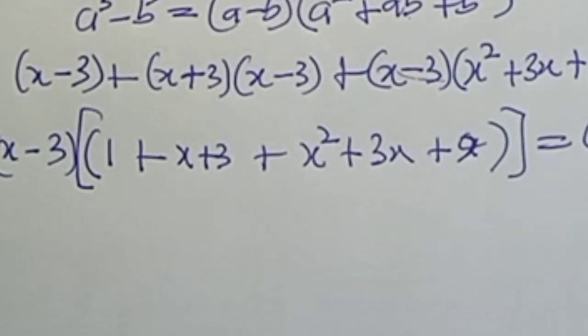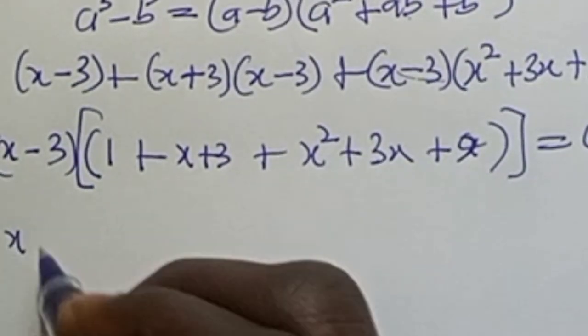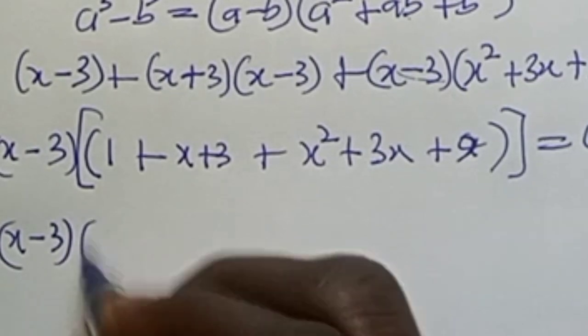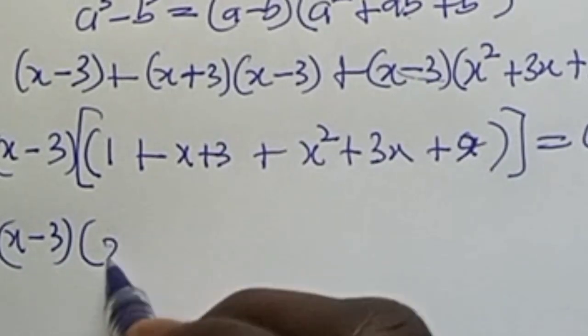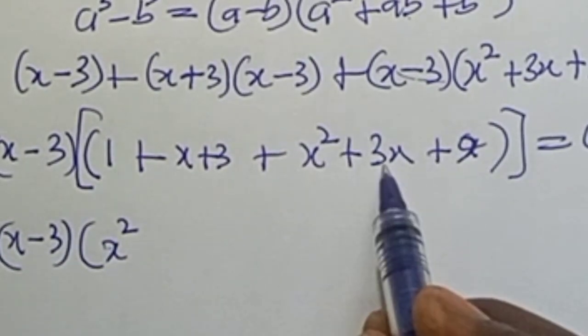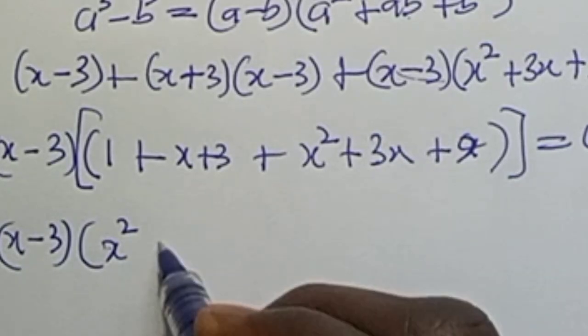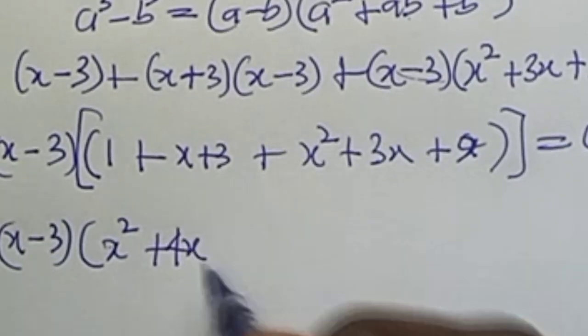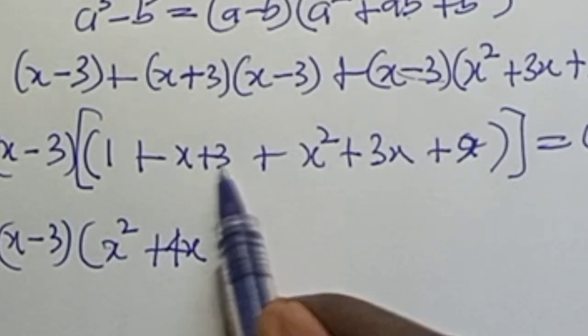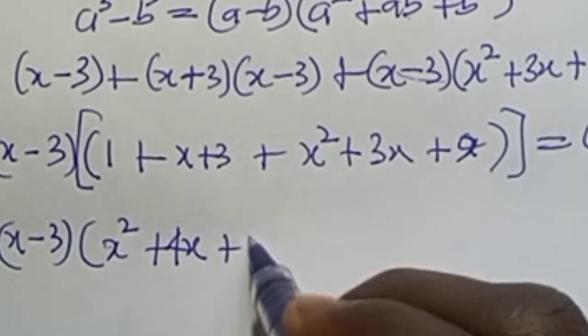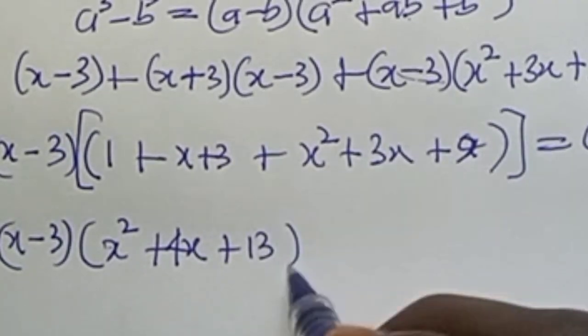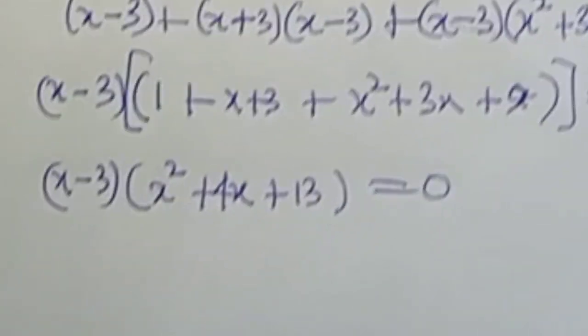So if we simplify further, we are going to have (x - 3) into (x^2 + 3x + x, which is plus 4x, 9 plus 3, 12, plus 1, 13) equal to 0.